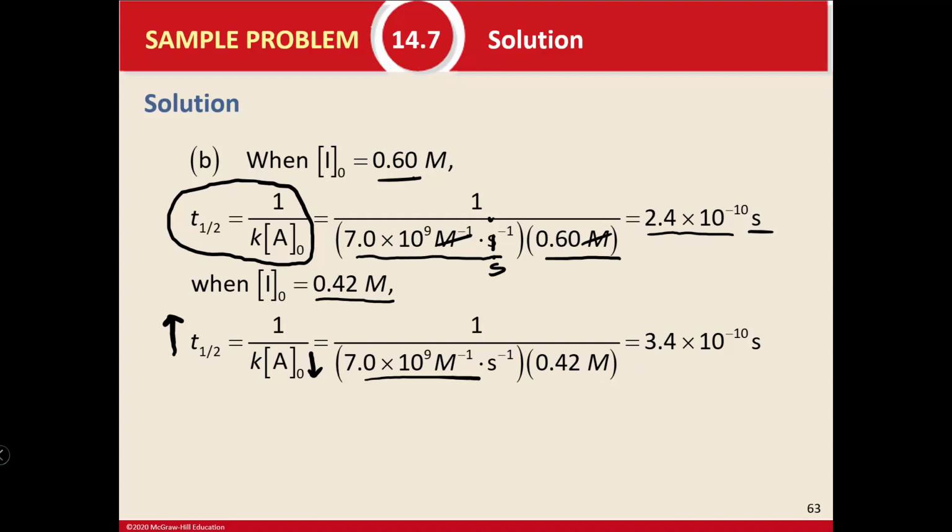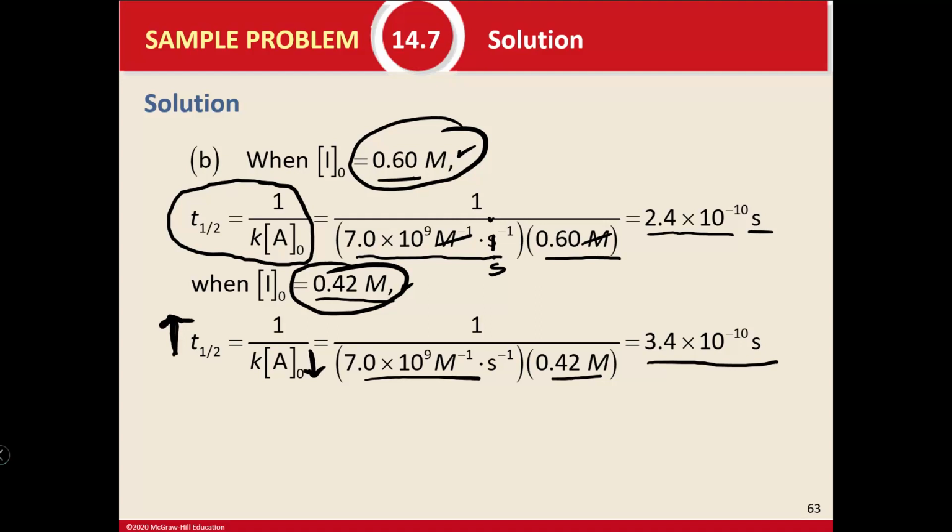We put in our new initial concentration, which is less than this concentration, and notice the time does extend. It takes a longer amount of time for us to reach the half-life. So that's what they're doing. That's why they're doing this problem, to show you the relationship between initial concentration and how that affects the half-life. And again, it's an inverse relationship. Concentration goes down, half-life time goes up.